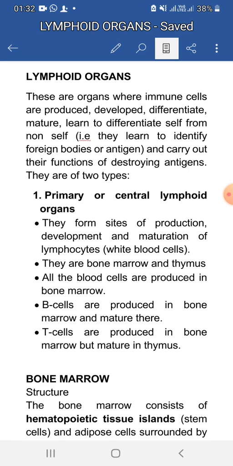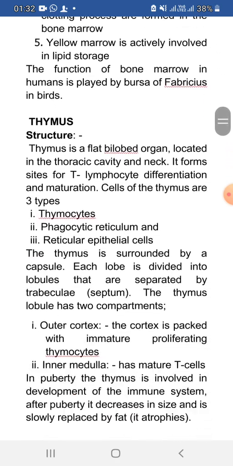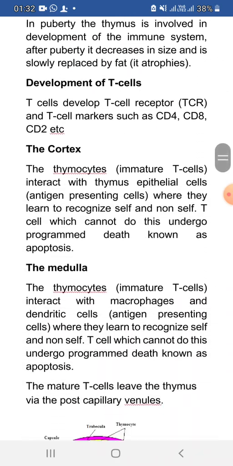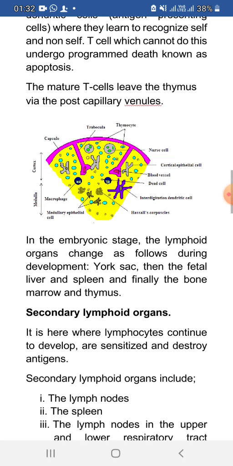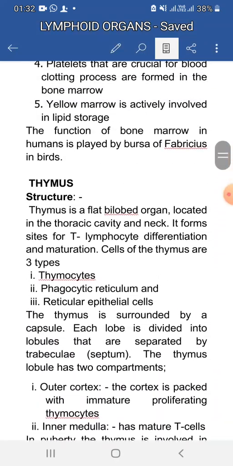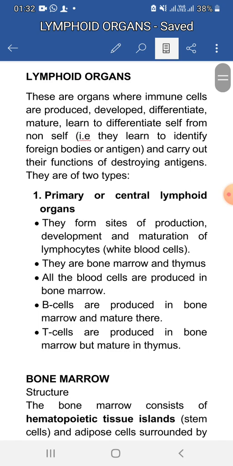So let's start by looking at the main divisions of lymphoid organs. We have primary or central lymphoid organs, and then we also have secondary lymphoid organs. So we'll start by looking at the primary lymphoid organs.